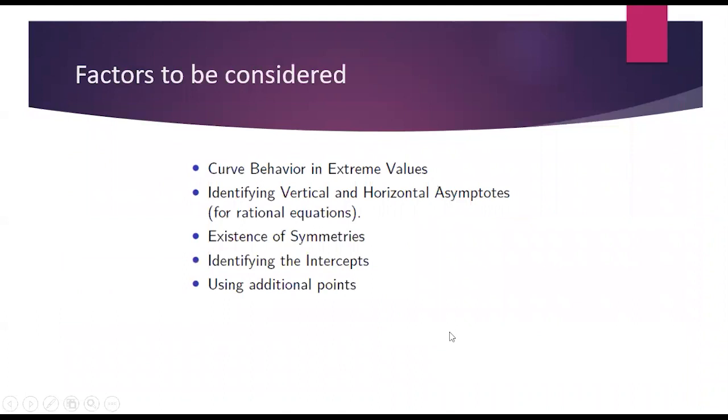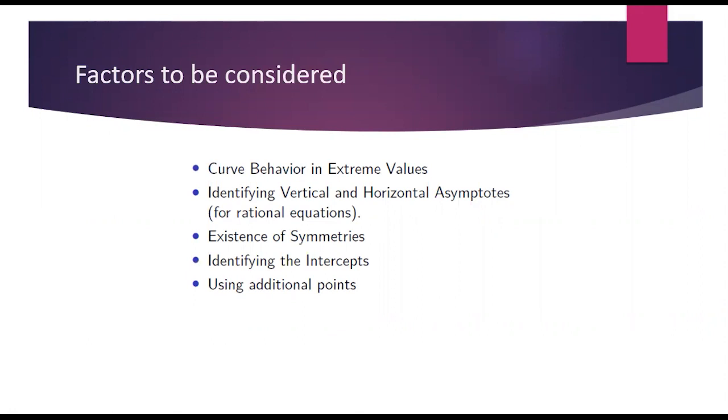So what are the factors that we need to consider in graphing functions? First, we have the behavior in extreme values, if your function increases or decreases whenever you set very small values of x or very large values of x.